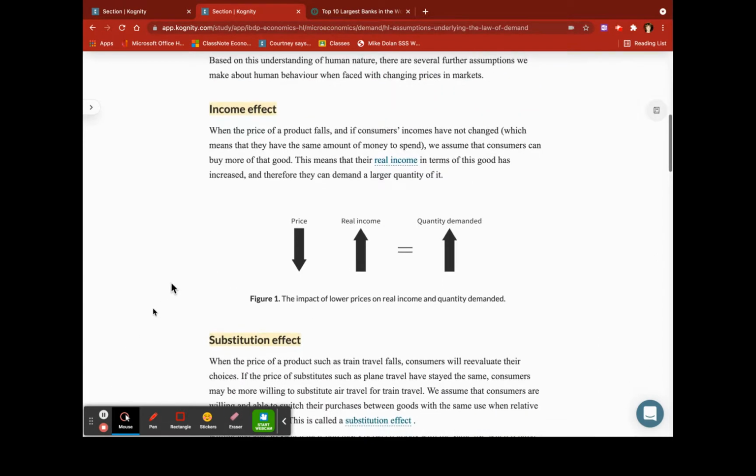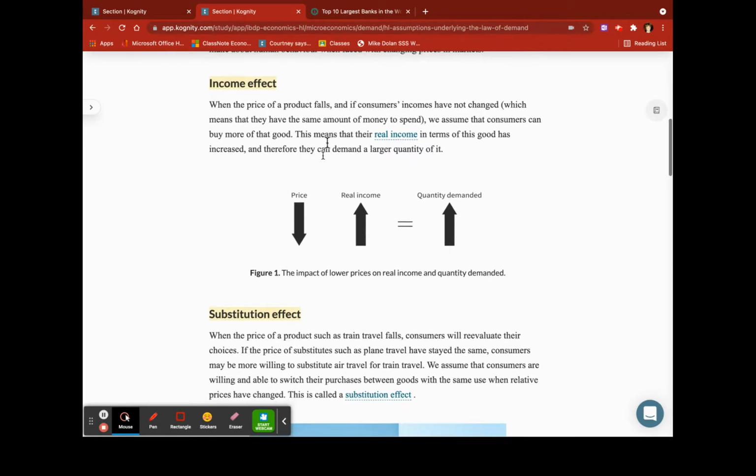The rest of this section talks about other things that affect demand. So now the idea is, okay, let's hold price constant, and change just one other factor. For example, income. And in this assumption, it's basically, hey, as people get more wealthy, they will afford or demand more of a product.